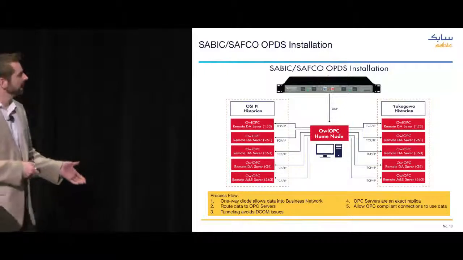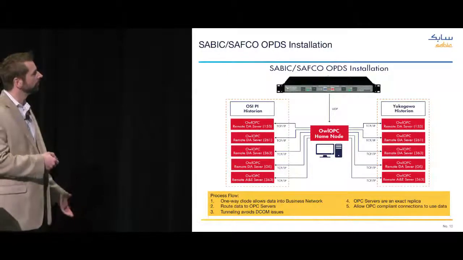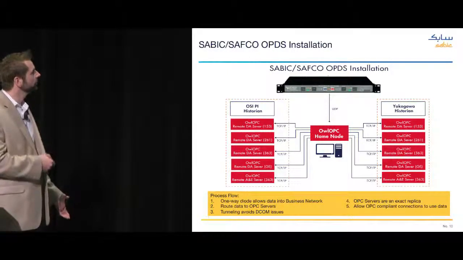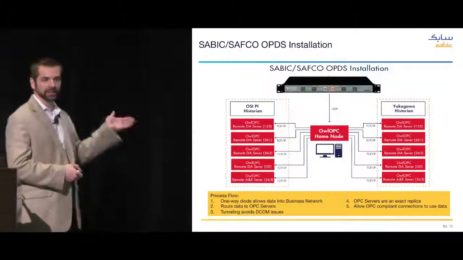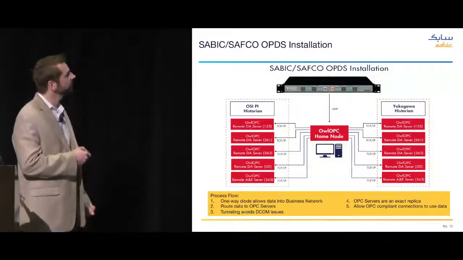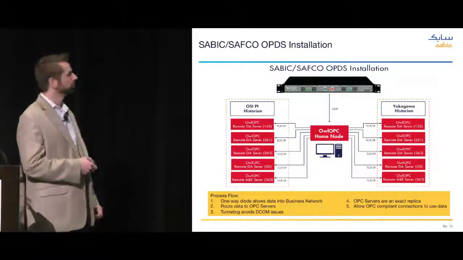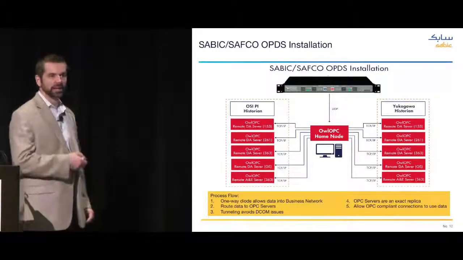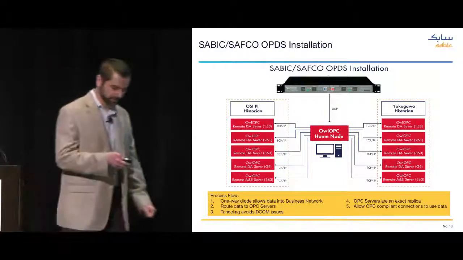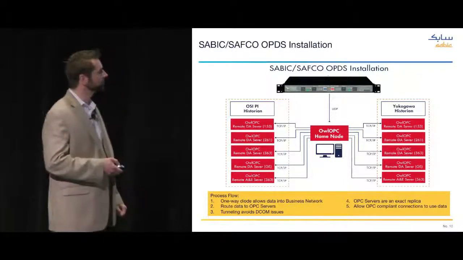So now you have access via OPC to any one of the servers that were on the plant network. And like I said, physical separation and one-wayness prevents anyone from getting back into the plant network for any destructive purposes.